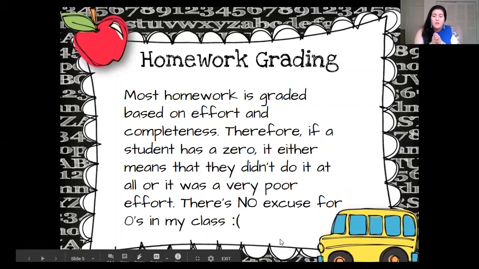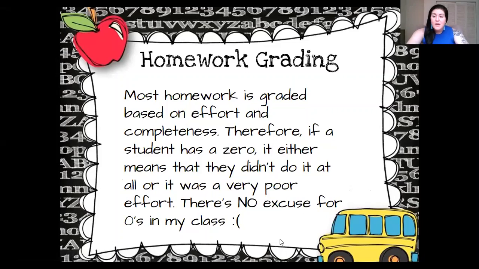So one of the things I want to talk about today is what I'm seeing so far. If a student has a 0 in PowerSchool, then for something with homework, they either did not do it at all or it was an extremely poor effort. I have been very, very lenient so far with kids submitting late work, and I have been very lenient with work quality. But really, there's zero excuse to have a 0 in my class.